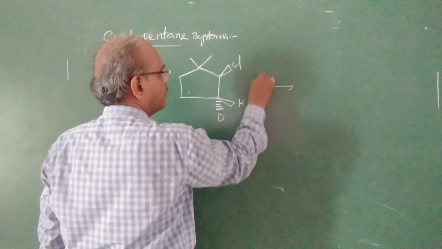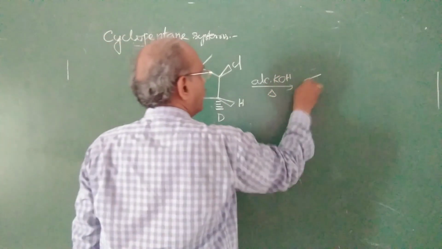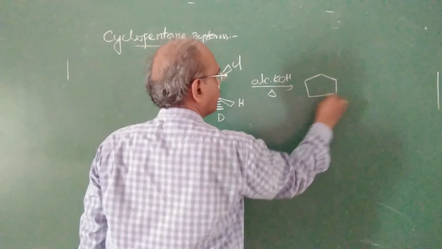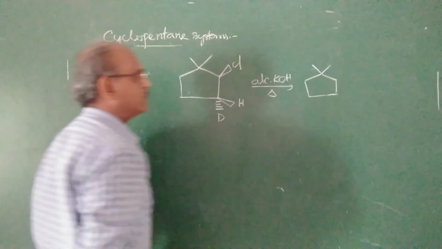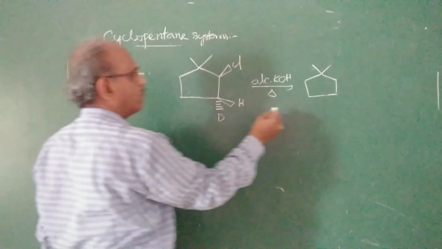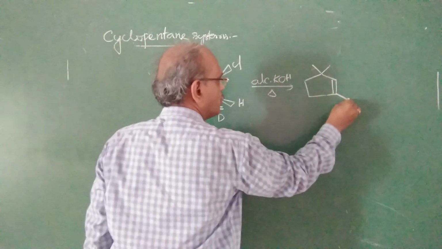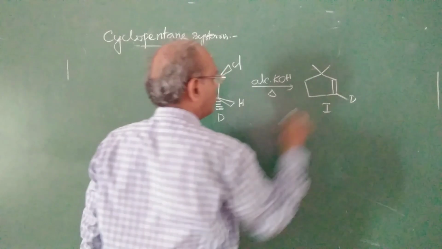On heating with alcoholic KOH, see the possible products. Here two methyls, Cl from this carbon. If H is removed, a double bond forms, and the remaining one is deuterium. Say, product 1.